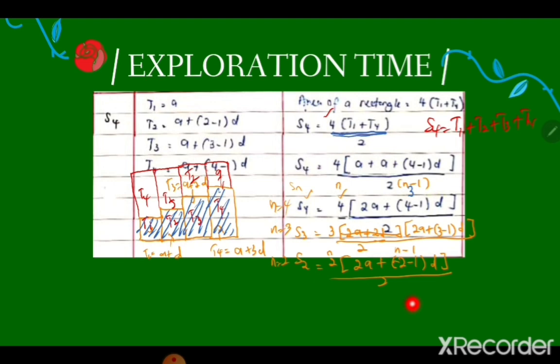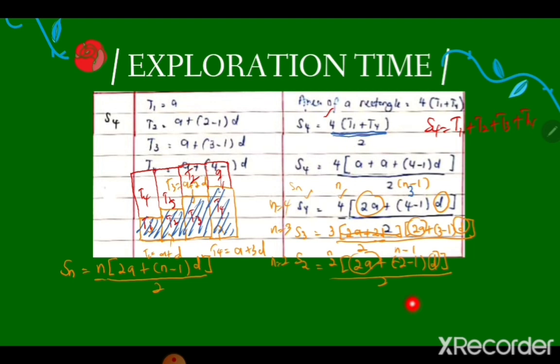So we can see the pattern. For Sn, it must be n and then 2a, because 2a is fixed. As you can see, this is fixed, this is fixed. The same goes to d. d is fixed. So 2a plus n minus 1 times d, over 2.